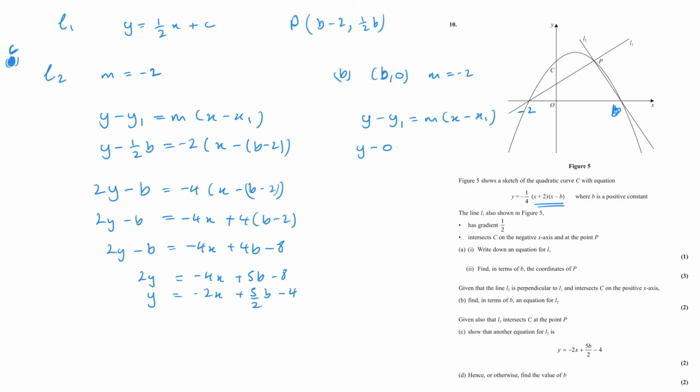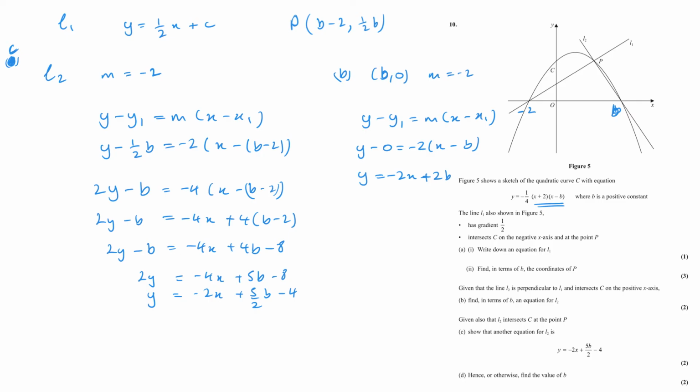So y minus 0 equals minus 2 times x minus b. So y equals minus 2x plus 2b. So that's what it was. A bit more straightforward.